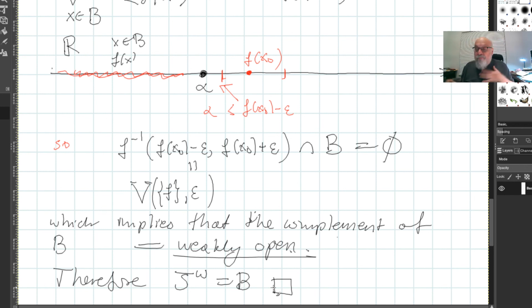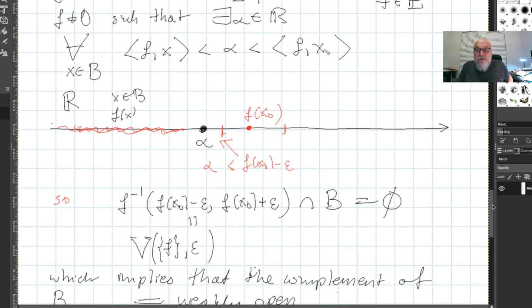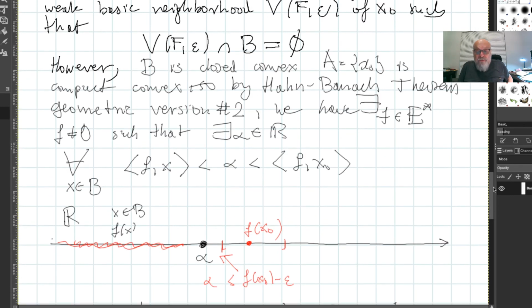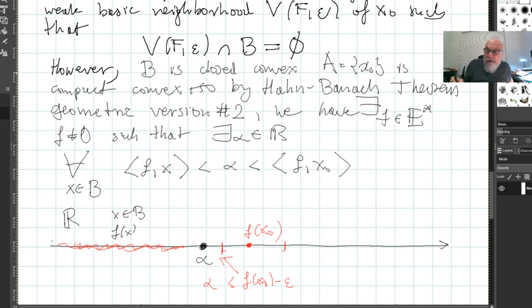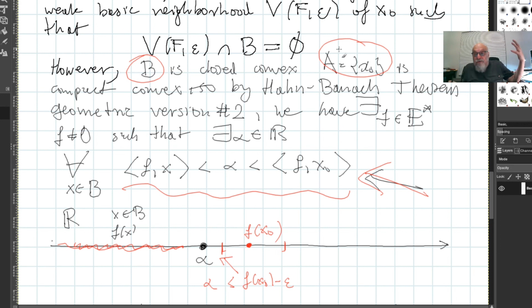So I should say, if you look at this particular proof, you are asking yourself, maybe I change the color. Okay, this particular step here, when we have a point and we take the set B to be a closed convex, and A is an additional point, you can actually repeat the same argument with respect to any closed convex set.